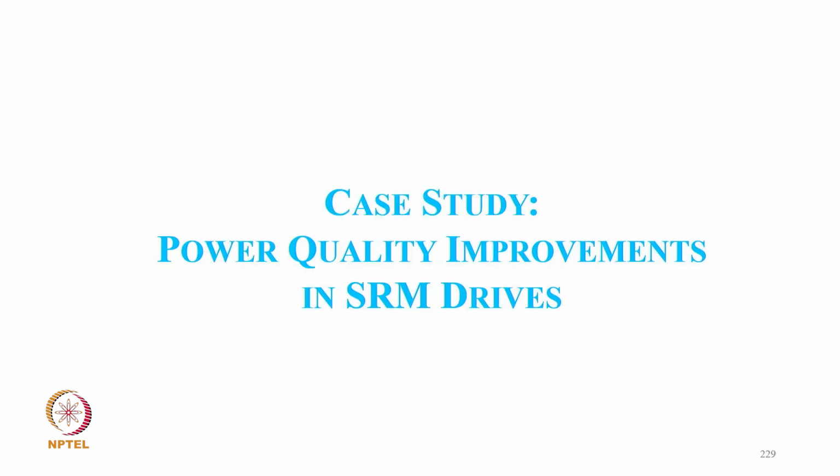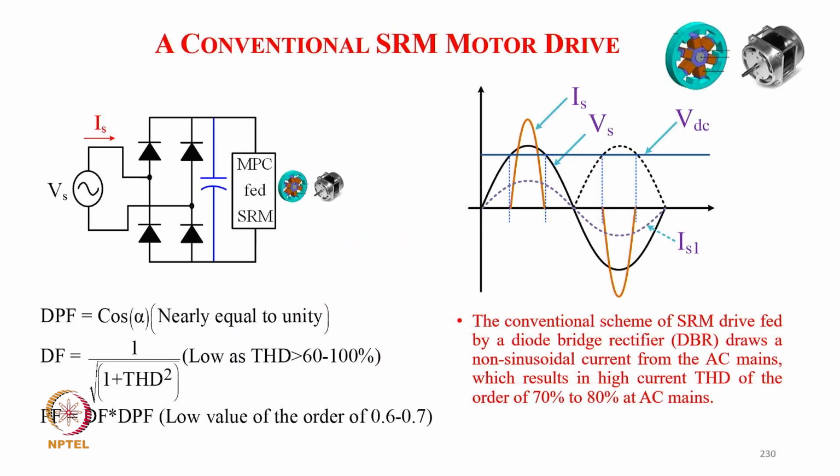Now coming to the case study, typically power quality improvement in SRM drive. If we take a simple diode rectifier and then a multi-phase reluctance motor, we find the current in supply, the peak current, the voltage. The conventional scheme of SRM drive fed by a diode rectifier draws a non-sinusoidal current from the AC mains, which results in a high current THD of the order of 70 to 80%, where the displacement factor cos alpha is nearly equal to unity, and the distortion factor 1 upon the square root of 1 plus THD squared is low at THD 60 to 80%.